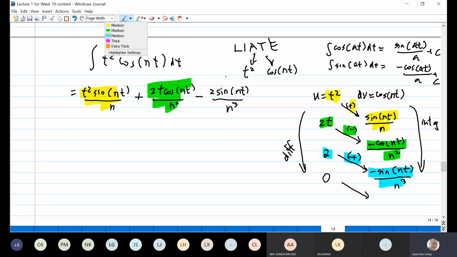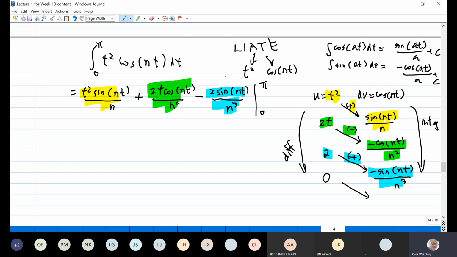This is the third term. And you are going to integrate from 0 to pi.